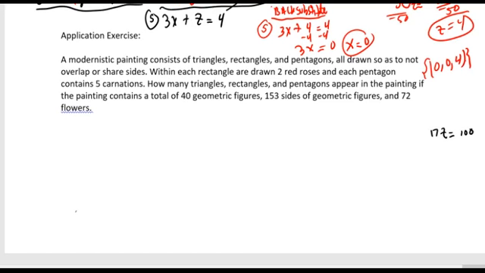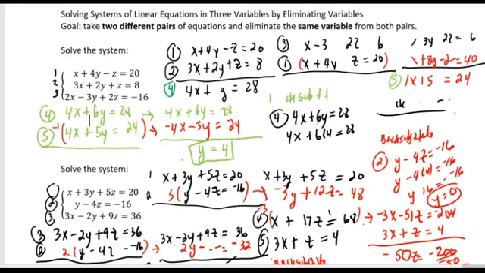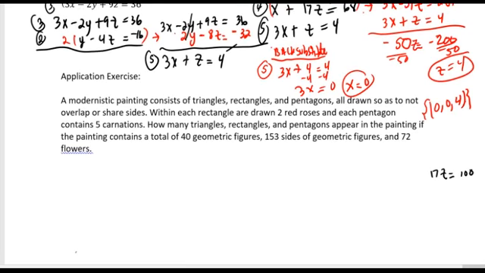So systems can be used to help us solve application problems. So the first example we have here. A modernistic painting consists of triangles, rectangles, and pentagons, all drawn so as to not overlap or share sides. Within each rectangle are drawn 2 red roses, and each pentagon contains 5 carnations.